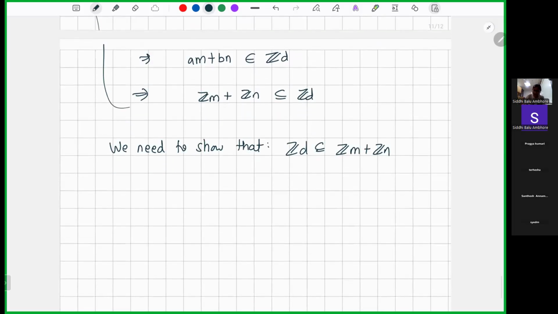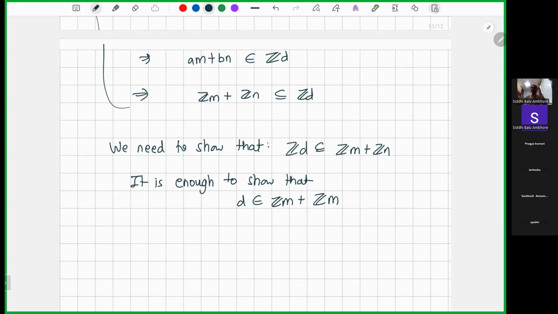And understand that it is enough to show that this D belongs to Zm plus Zn. Because understand that this Zm plus Zn is a subgroup of Z. So it is closed under addition, that is, it satisfies the closure property.